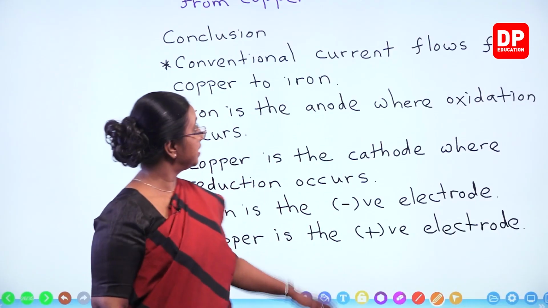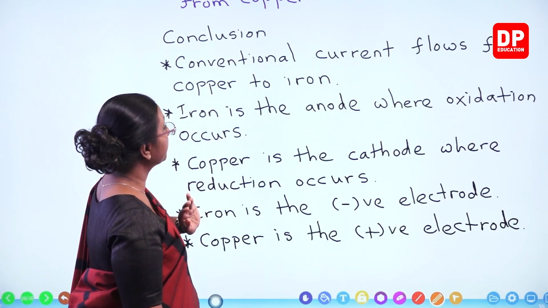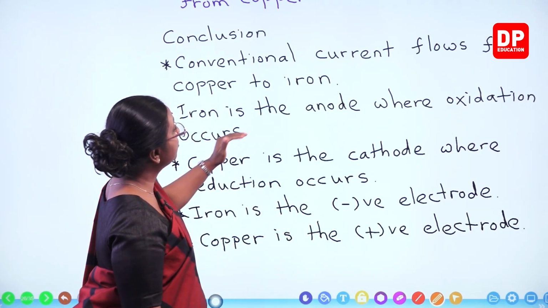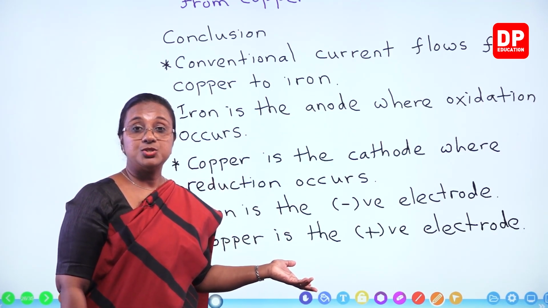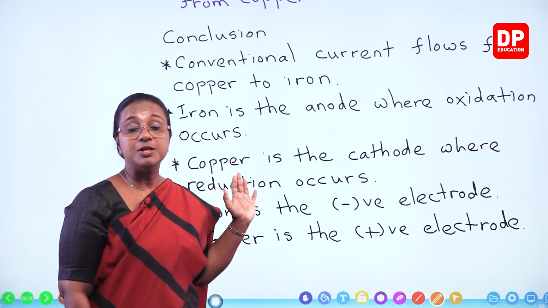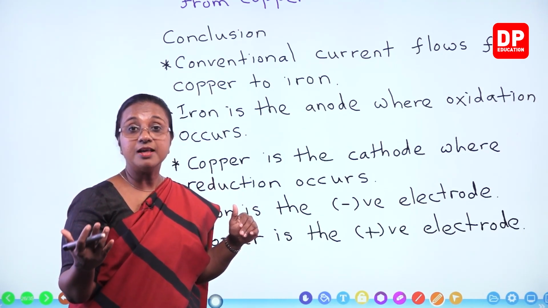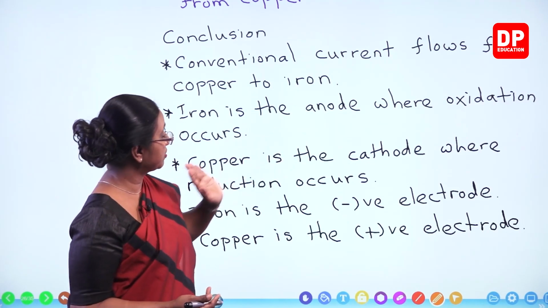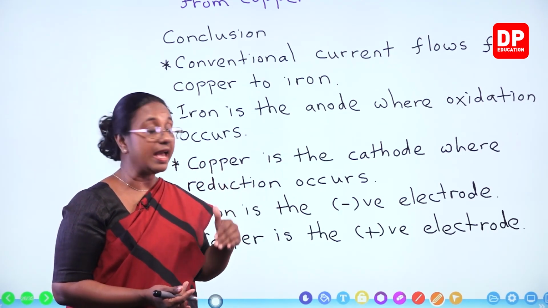So, although I have said conclusion, now conventional current flows from copper to iron, that you get from the observation. So, therefore, you know copper has to be the positive electrode and iron has to be the negative electrode. But the same thing we were able to predict using the activity series based on their reactivity. So, there you know iron is the anode where oxidation occurs because iron is more reactive than copper.